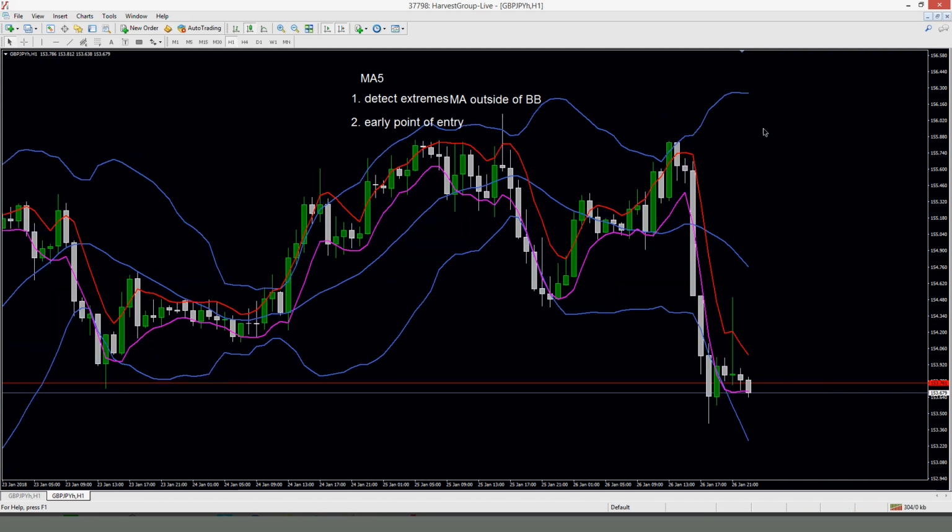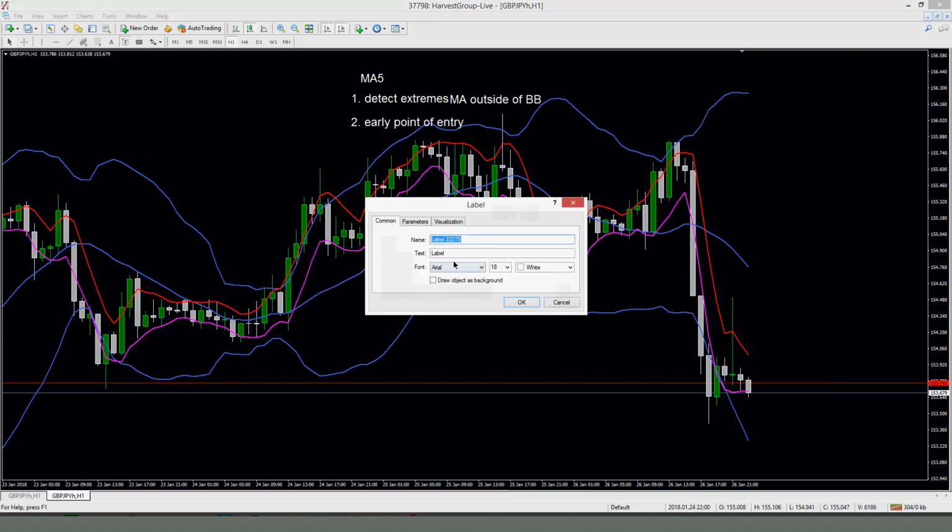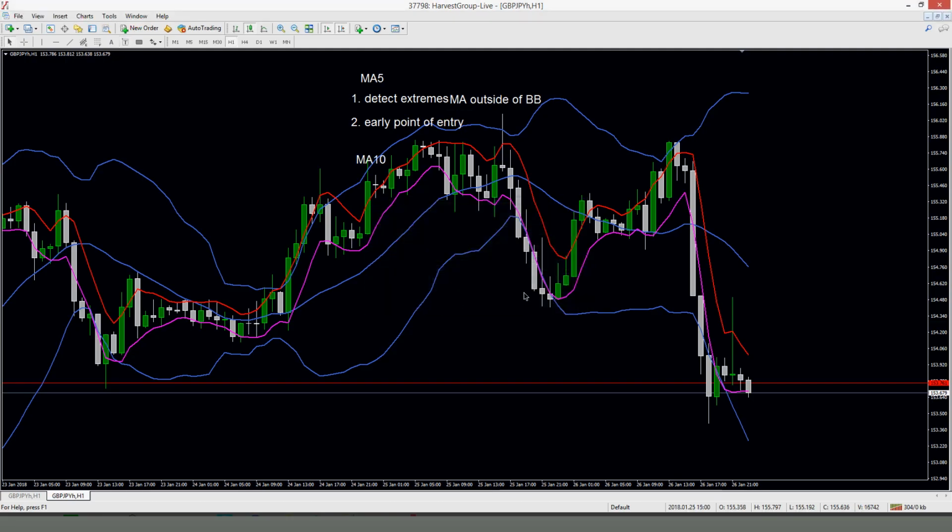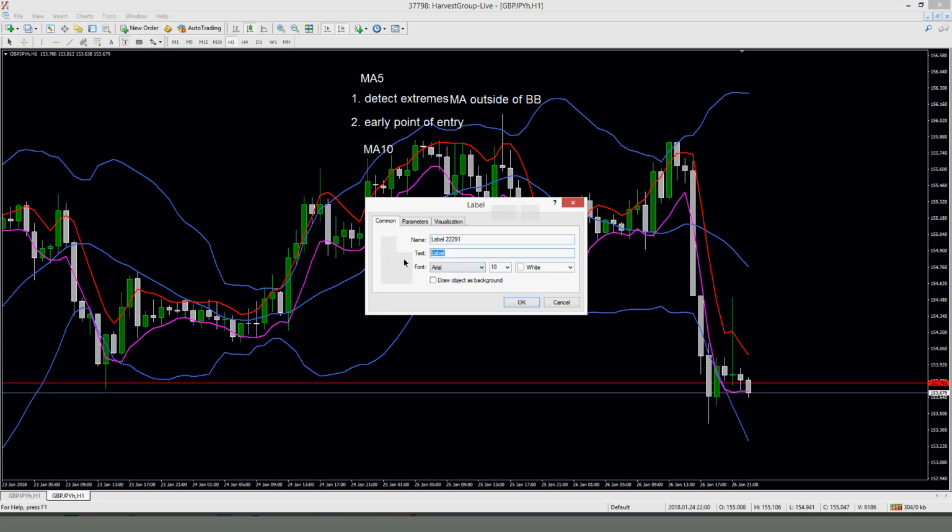All right, so let's move on to MA10. According to the BBMA notes, there's only one function. The function is to create a much stronger entry.